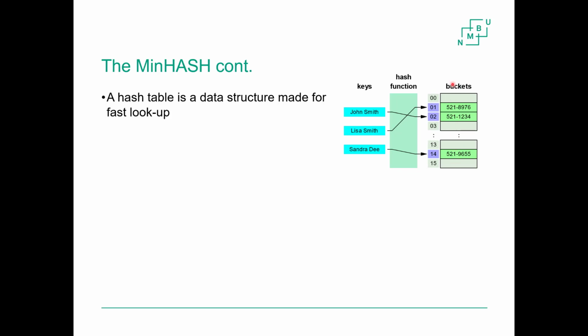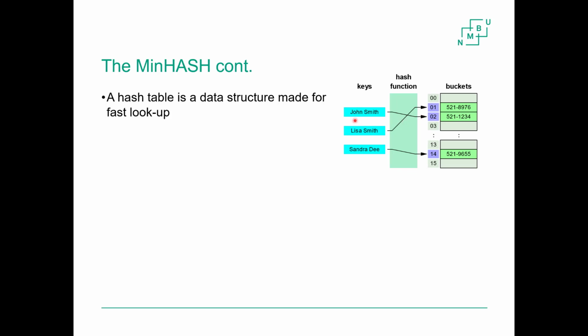The point is that we now have what we call a hash function that takes the text, the name, or it could be any text, and for each unique text, it produces a unique number. And this number is exactly the row in the vector where you have stored the phone number for this person.